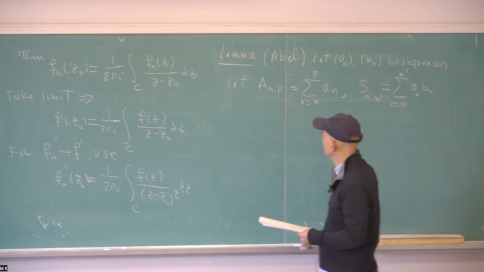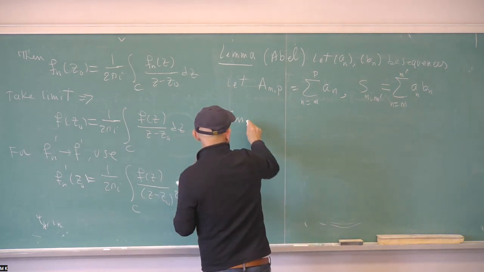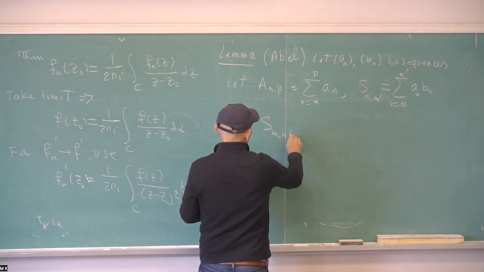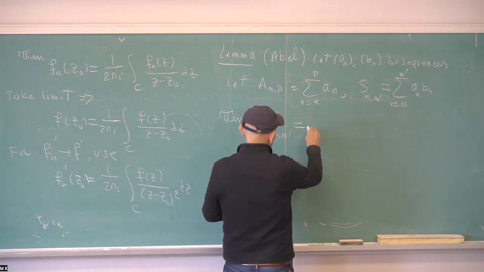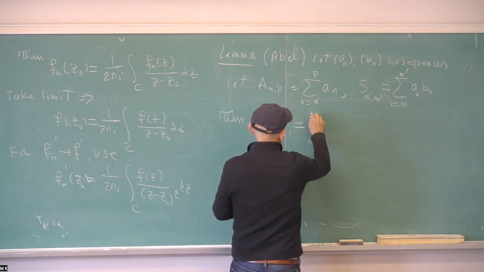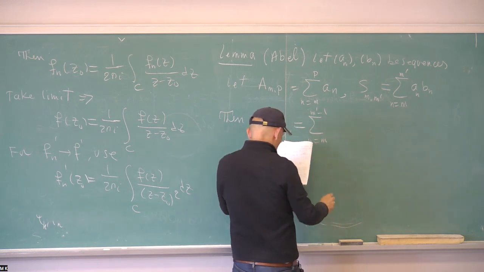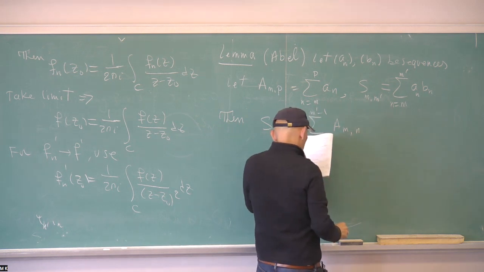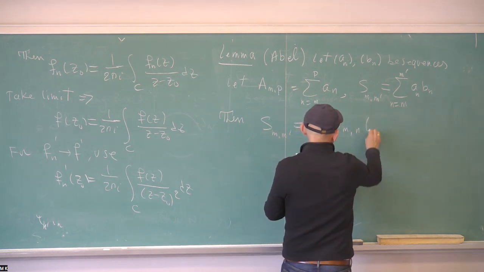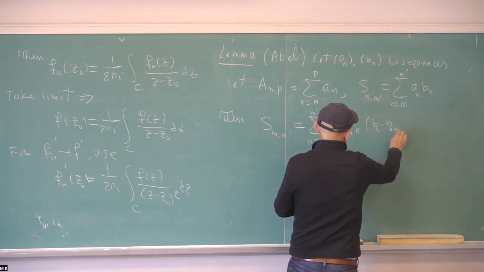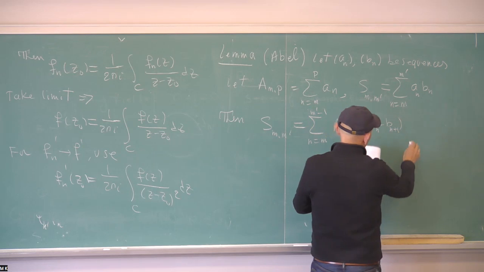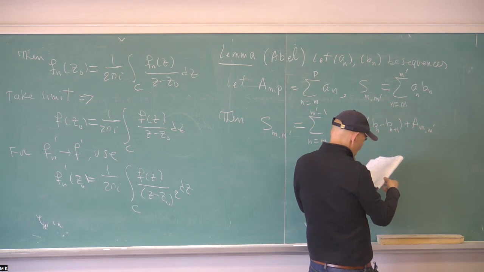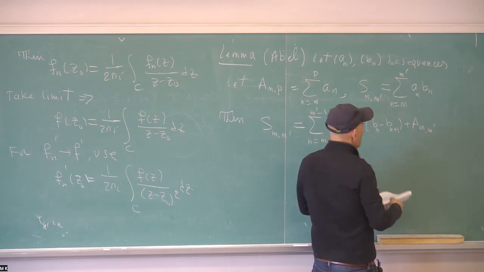Okay, then S_{M,M'} you can write as the sum over n from M to M' minus 1 of A_{M,n}(B_n minus B_{n+1}), I believe, plus A_{M,M'} B_{M'}.